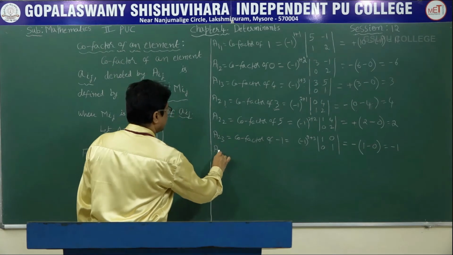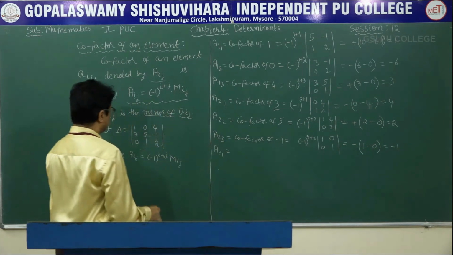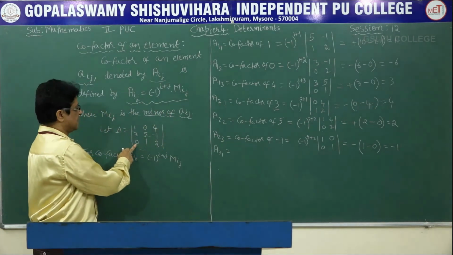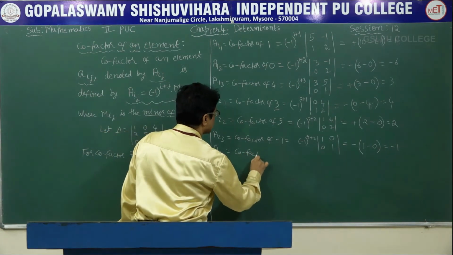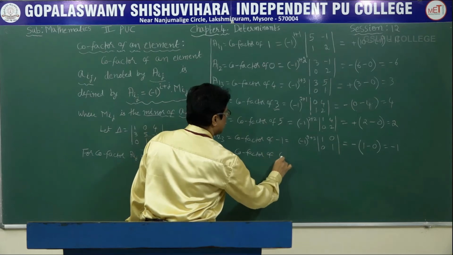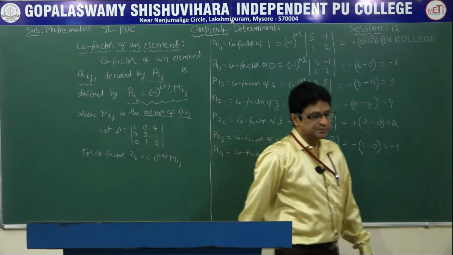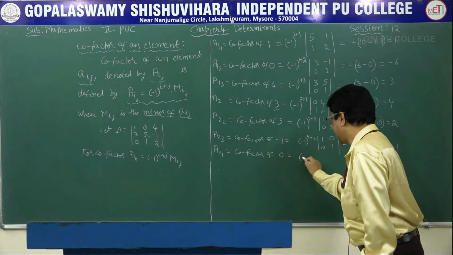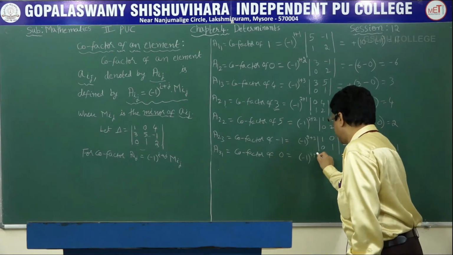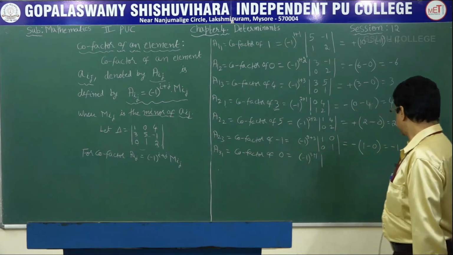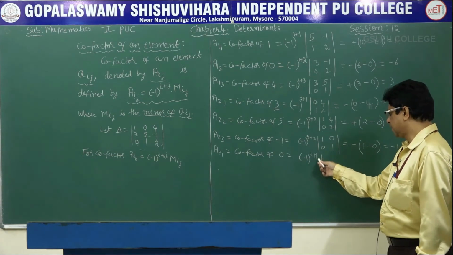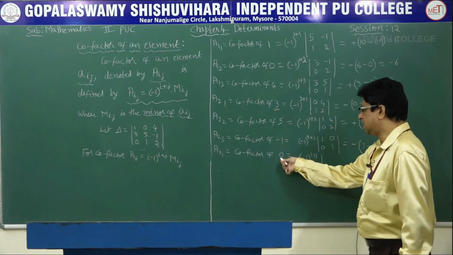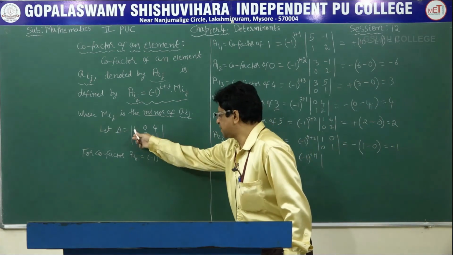So A31, that is the cofactor of 0, is equal to (-1) to the power of 3 plus 1 into the determinant. 0 lies in the third row and first column.